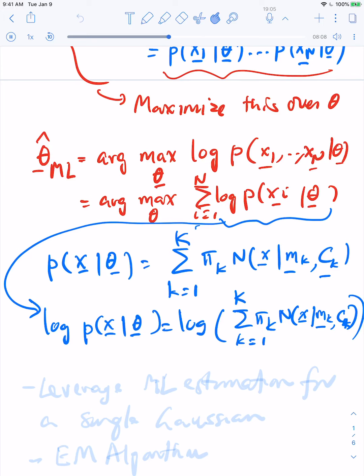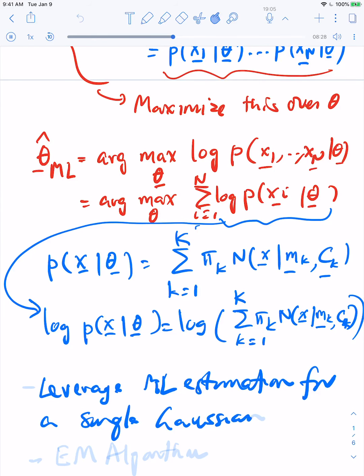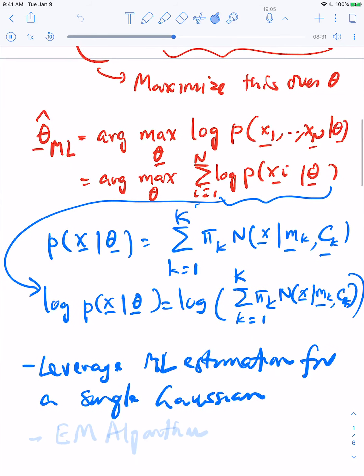And so the procedure we use for dealing with a mixture of Gaussians is to leverage ML estimation for a single Gaussian, and have an alternating procedure which is analogous to the alternating procedure in k-means, but a bit more sophisticated, and it turns out to be a special case of the EM algorithm, the expectation maximization algorithm.